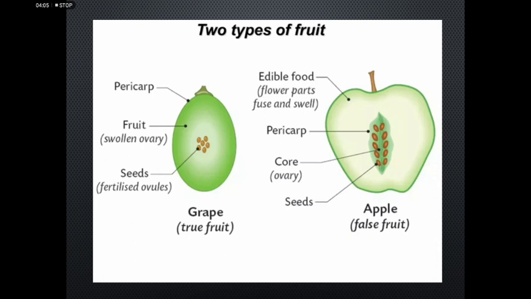That means it is the thalamus portion and the central portion is the pericarp. The actual fruit, the pericarp, is present inside while the edible portion is present outside. Then inside the pericarp there are seeds present. That is why they are known as false fruit.